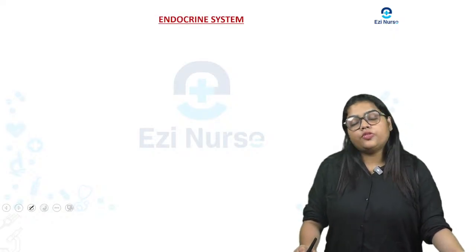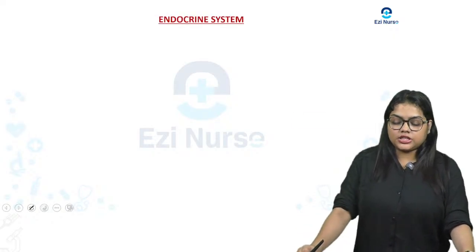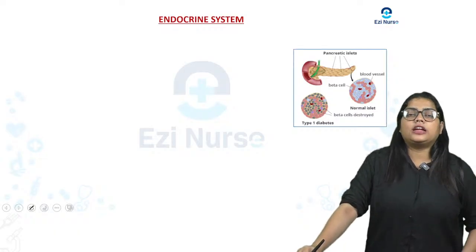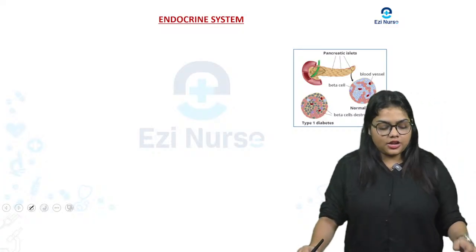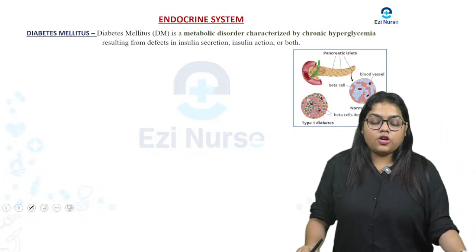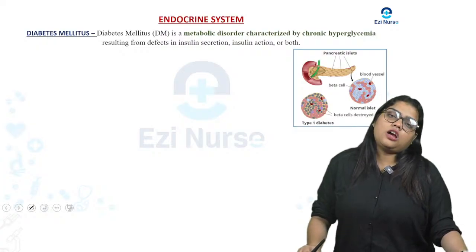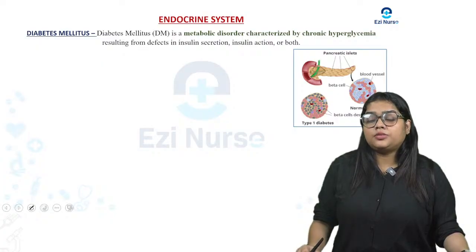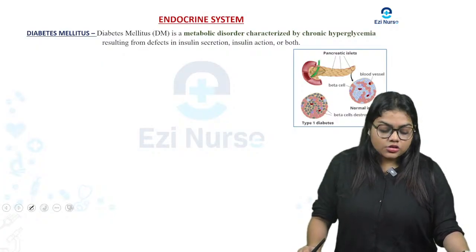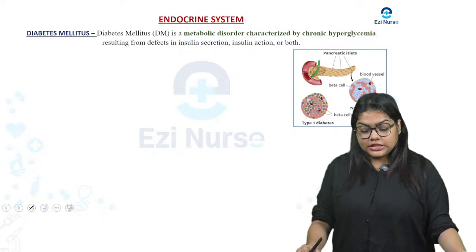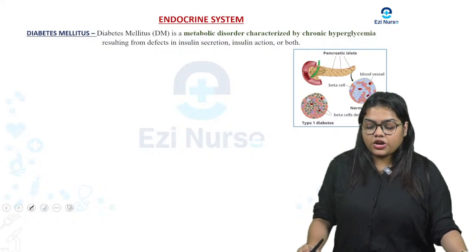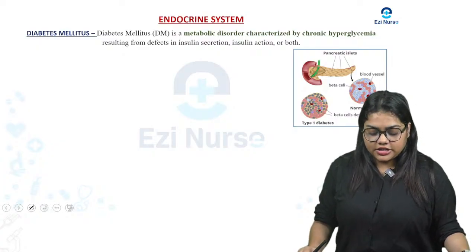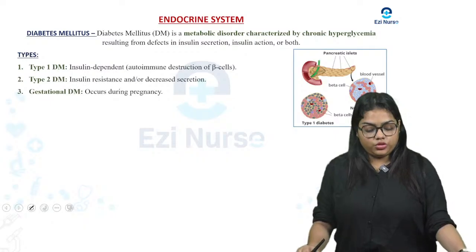Okay, let's move on to the next system, which is the endocrine system. Now in the endocrine system, we know there are different glands, like the thyroid gland, and the pancreas is there. So there is a disorder called diabetes mellitus. Now what is diabetes mellitus, or in non-medical terms you can say blood sugar. Diabetes mellitus is a metabolic disorder characterized by chronic hyperglycemia resulting in defects in insulin secretion, insulin action, or both.